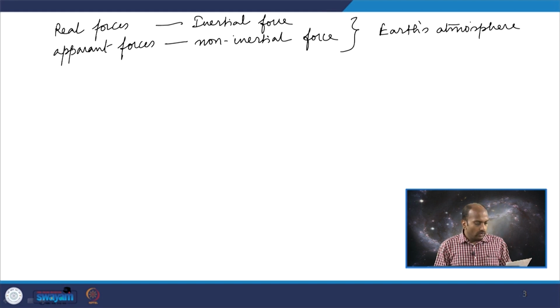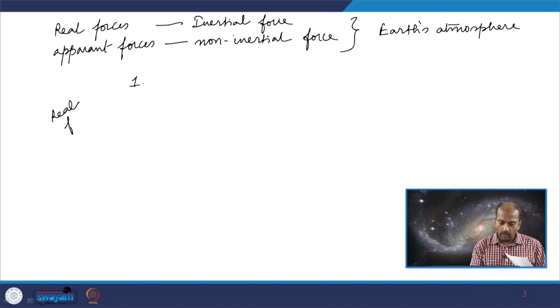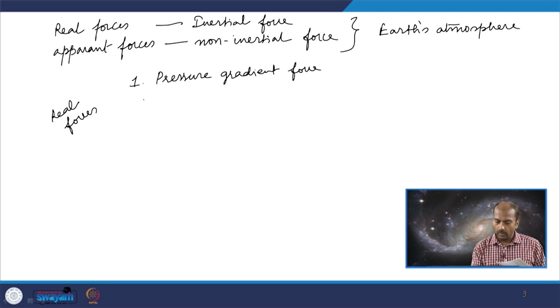The real forces are: number one, pressure gradient force; number two, gravity; number three, frictional force.